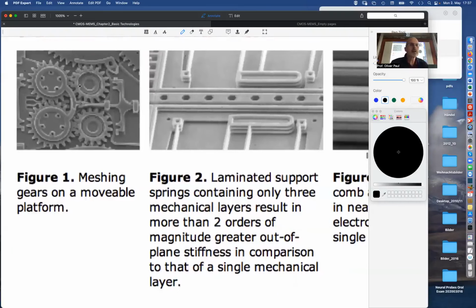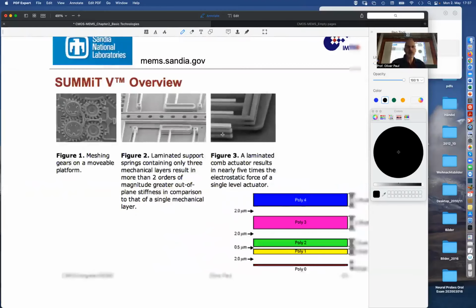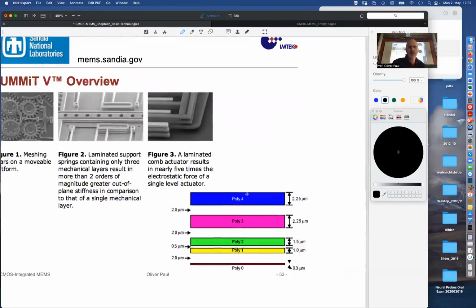But by using different layers, they can produce micromechanical structures. So here it says poly 0 to poly 4. So there are 5 poly layers, and those top 4 layers can be used as micromechanical layers.